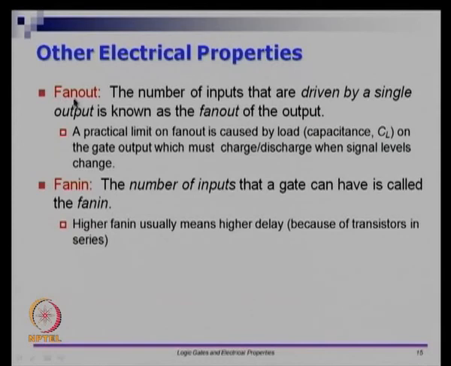For example, there is something called fan out. Fan out means the number of inputs that are driven by a single output. So if I take a gate and connect it to two other gates, it is supposed to have a fan out of 2. Fan in is the number of inputs that a gate can have. For example, a 2 input AND gate has a fan in of 2, and a 3 input AND gate has a fan in of 3, and so on.